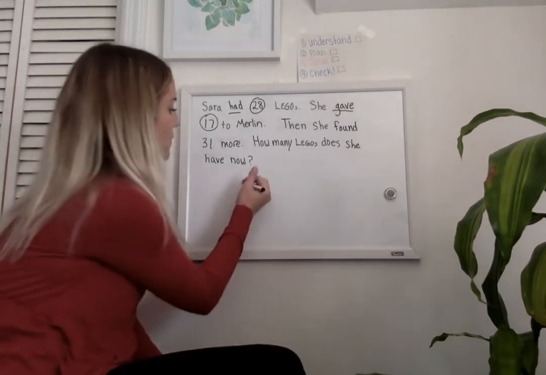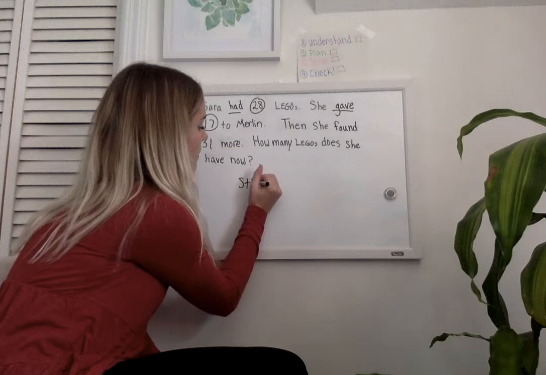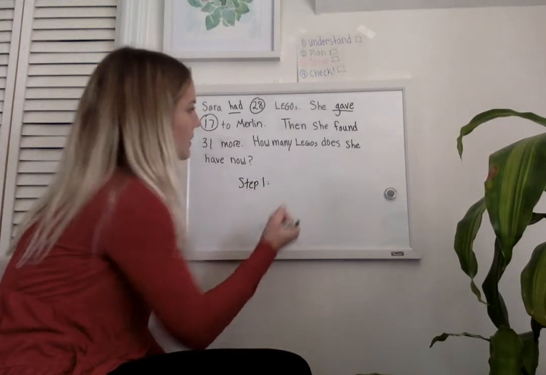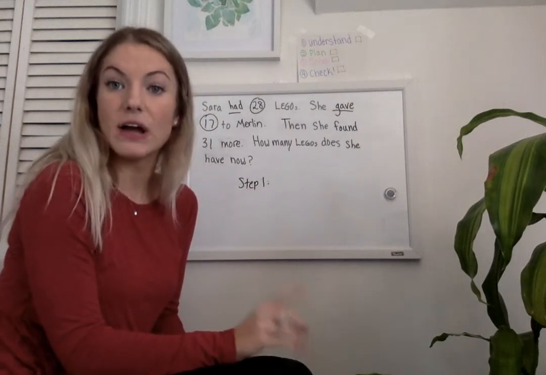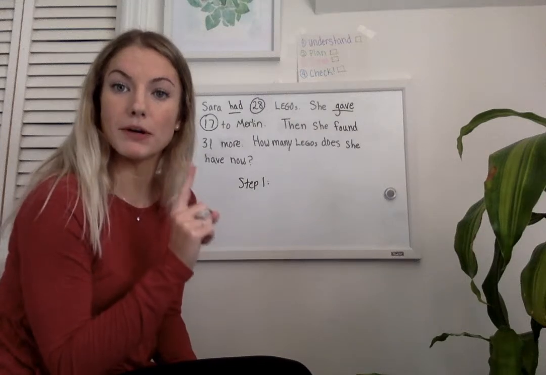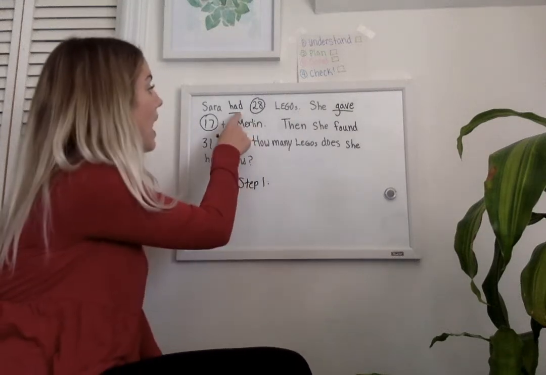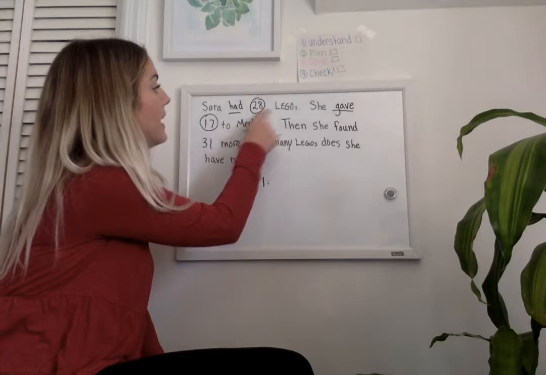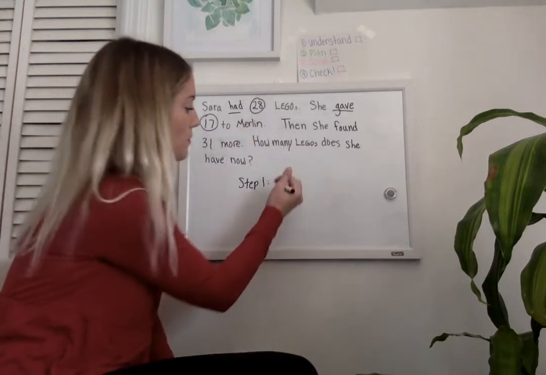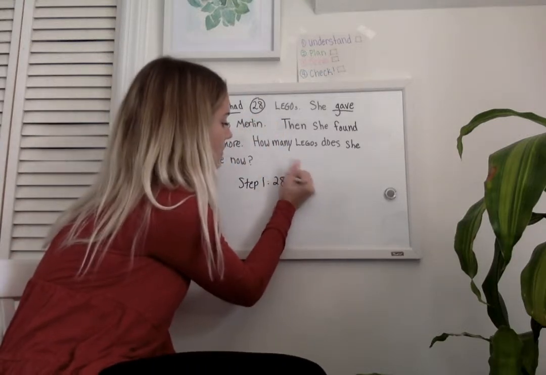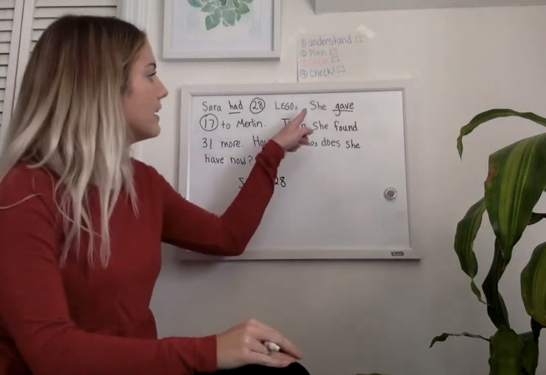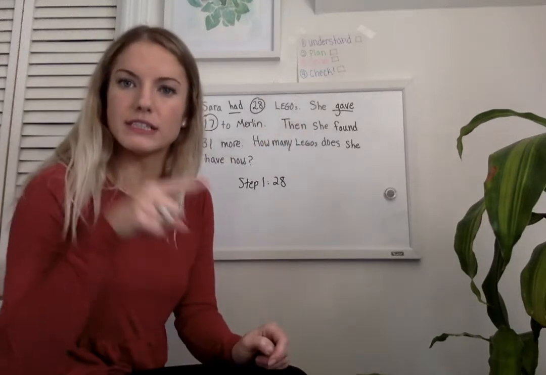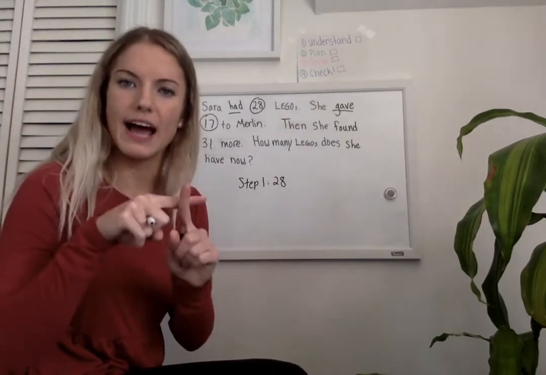So I'm going to write step 1. And I need to now think about what number goes first. Well, I know that she had 28 Legos to start with, so I'm going to write 28. Then I need to find out, do I need to subtract or do I need to add?